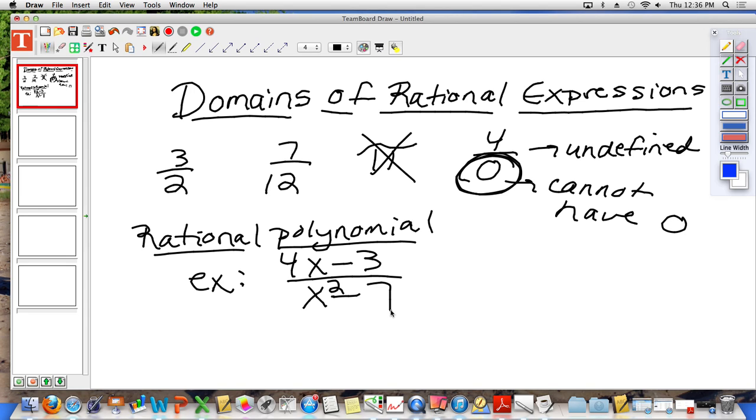Is there a polynomial on the top? Is there a polynomial on the bottom? Yep. Therefore, this is what we call a rational polynomial. It is a polynomial divided by a polynomial. Are you with me there?